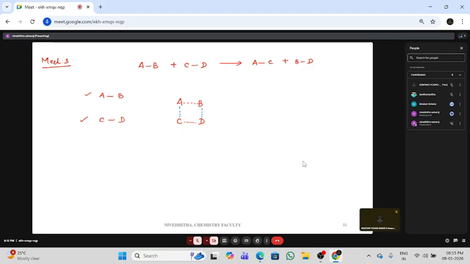Immediately after this new attraction is formed, we'll end up with new compounds which are products. See, this is also an intermediate stage, right? But this is not called an intermediate. This is called a transition state.